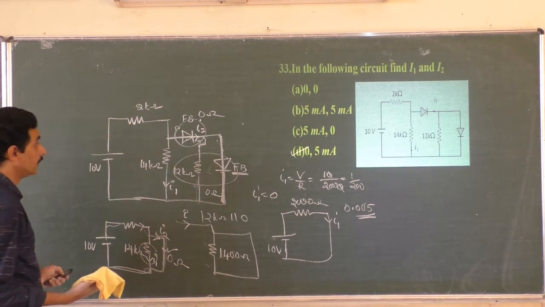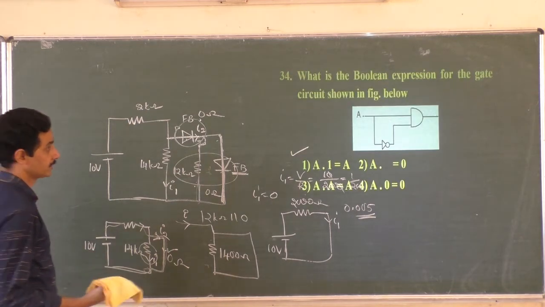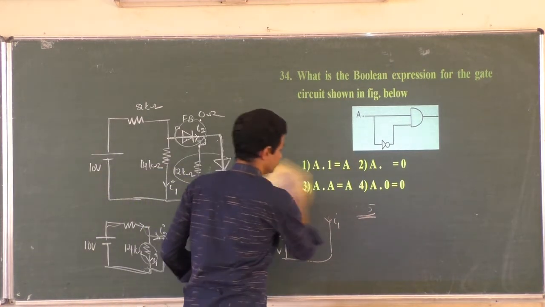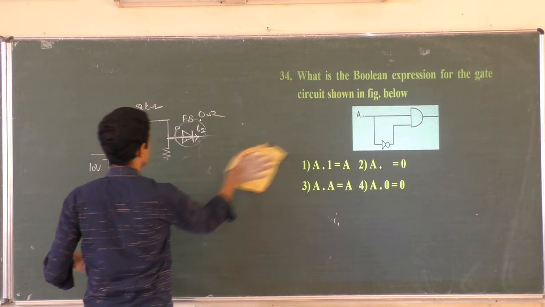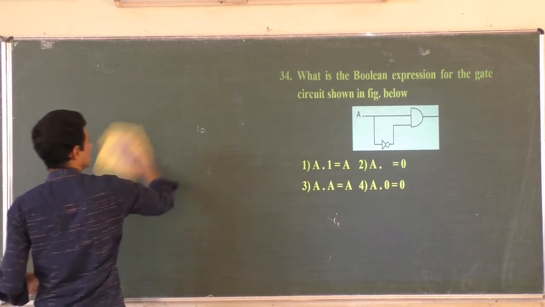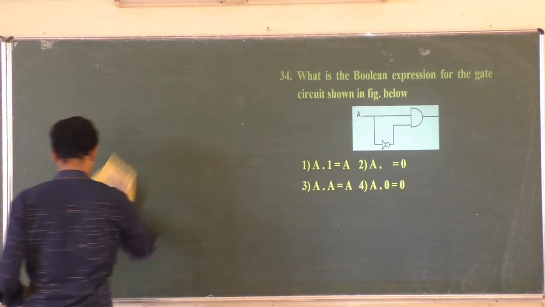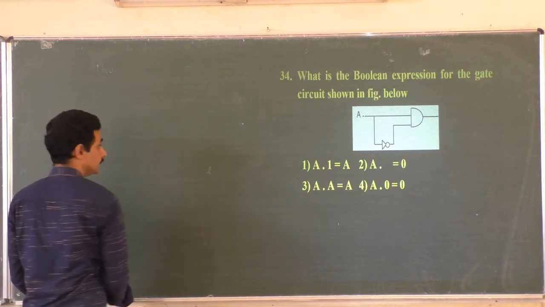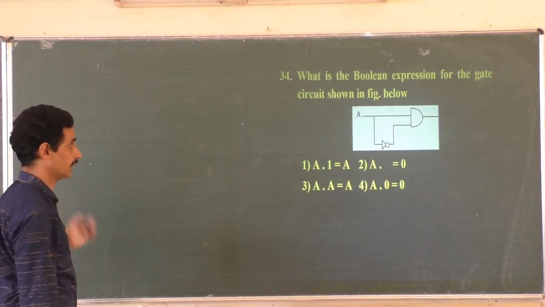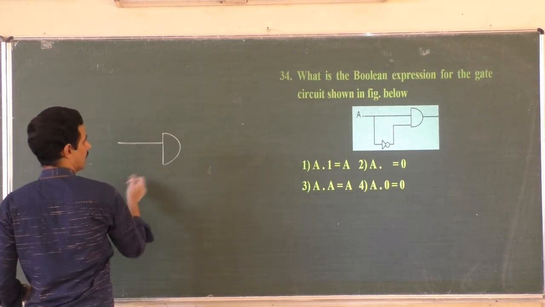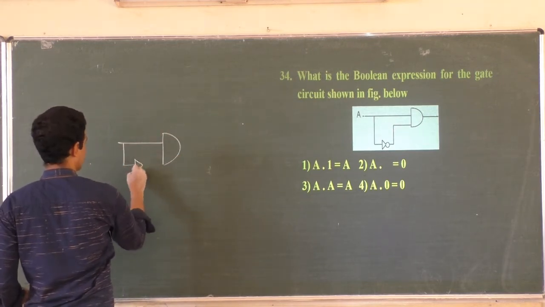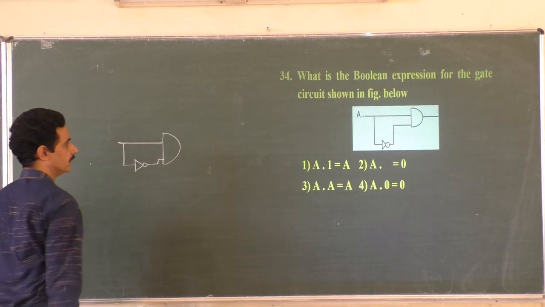Question 34, we'll finish it. What is the Boolean expression for the gate circuit shown below? This one, yes. An AND gate, and a NOT gate, which I will directly connect like this.